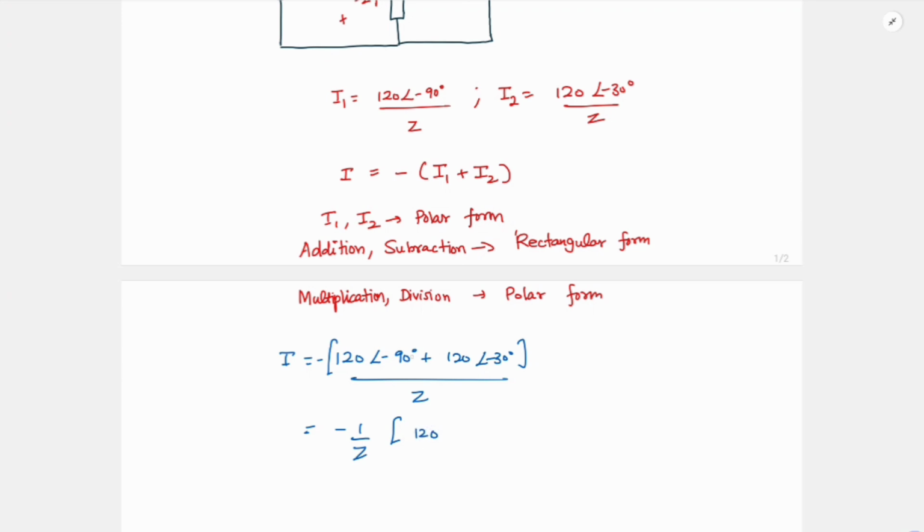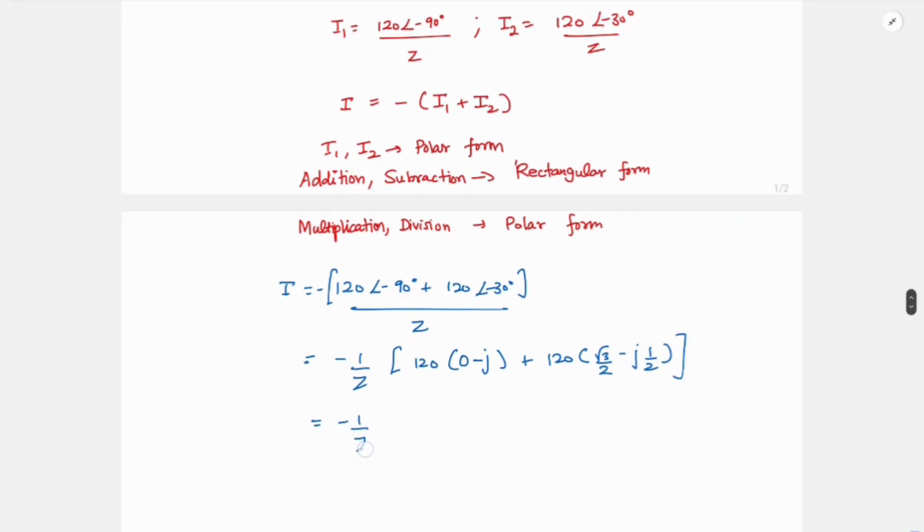So 120 cos minus 90 plus J sin minus 90. Cos minus 90 is 0. J sin minus 90 is minus 1. So minus J plus 120 into cos minus 30, which is cos 30, which is root 3 by 2, plus J into sine of minus 30, which will be minus 1 by 2, right?